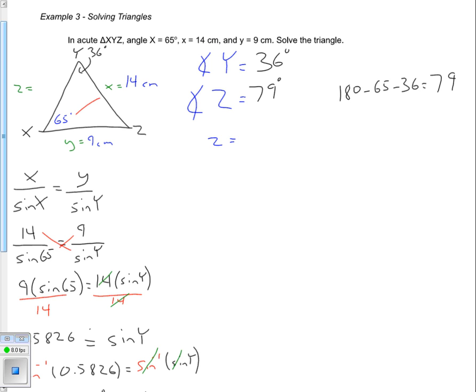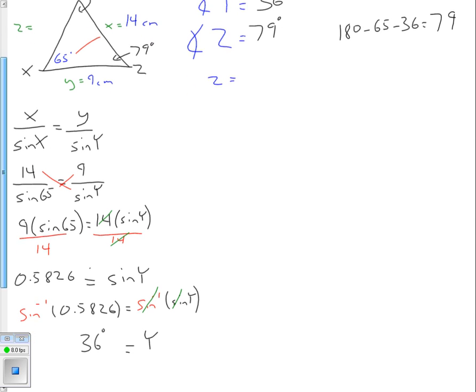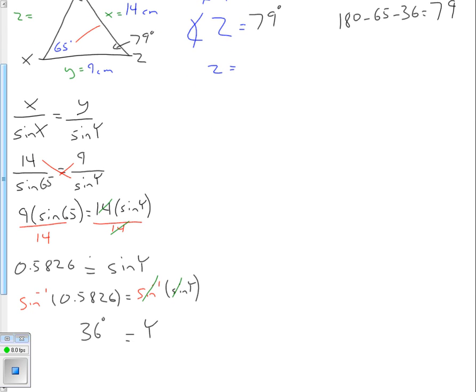Okay, and if this is 79 degrees, now I actually have enough information to solve for side length z. Okay, so I'm going to go back to my original key of x, and then I'm going to use that to solve for z. So now that I know that z is equal to 79 degrees, I'm going to solve this on the right-hand side, and I'll solve this one in blue, just because I can.